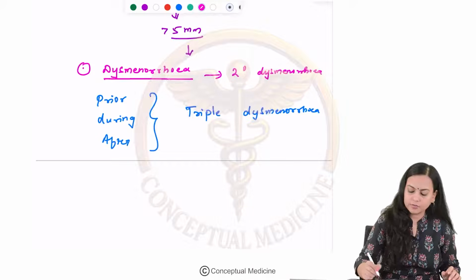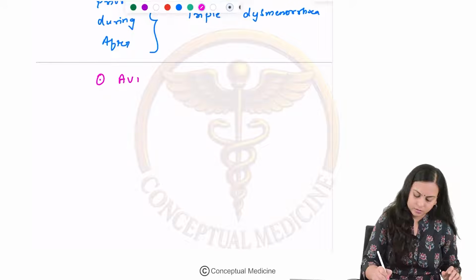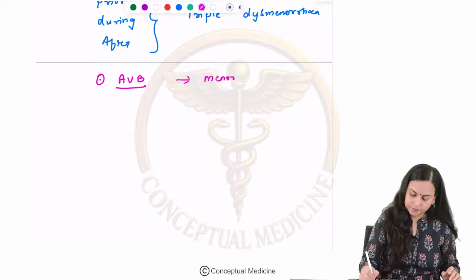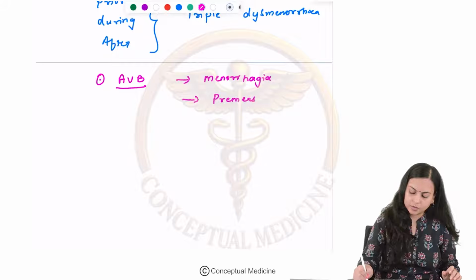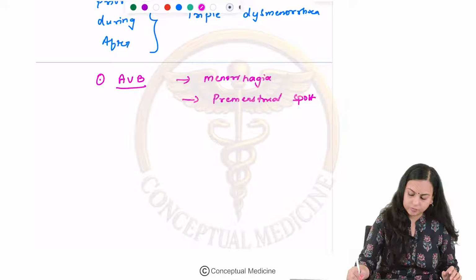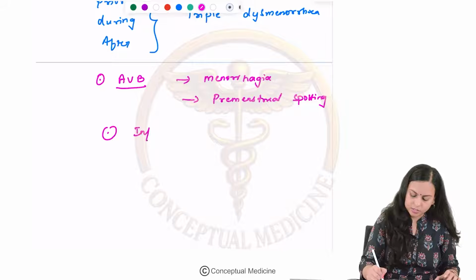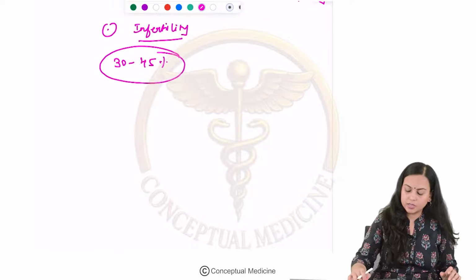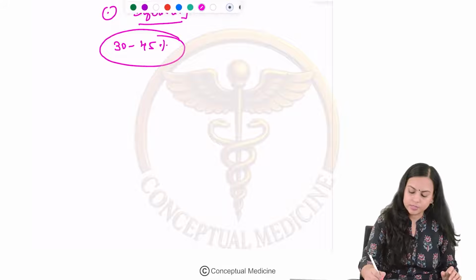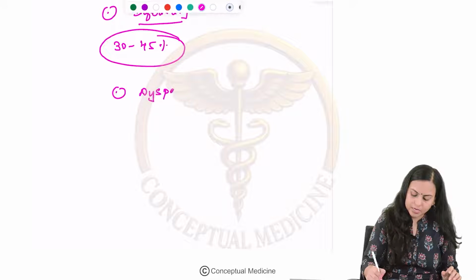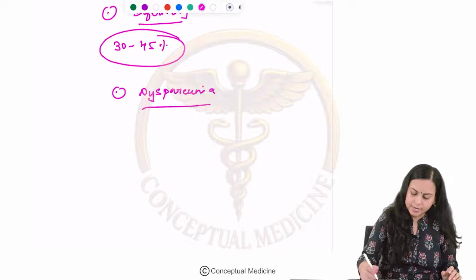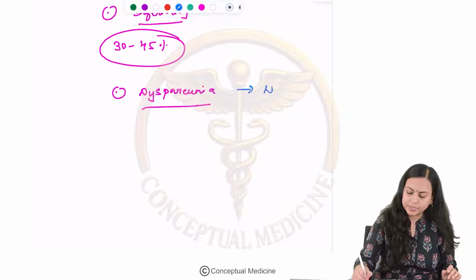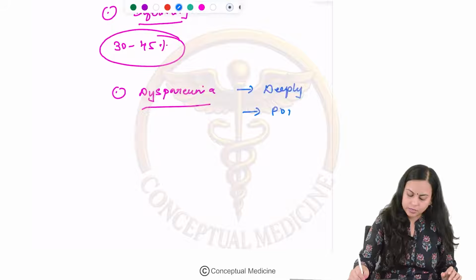It can also give rise to abnormal uterine bleeding. There can be menorrhagia, or sometimes it can even present with premenstrual spotting. And the next presentation is infertility. About 30 to 45% of patients with infertility present with endometriosis, and some may even complain of dyspareunia, especially when the lesions are present deeply in the pouch of Douglas.